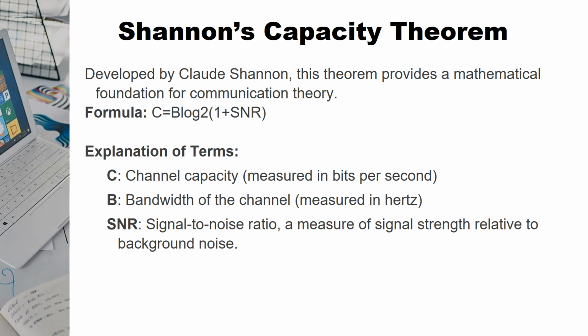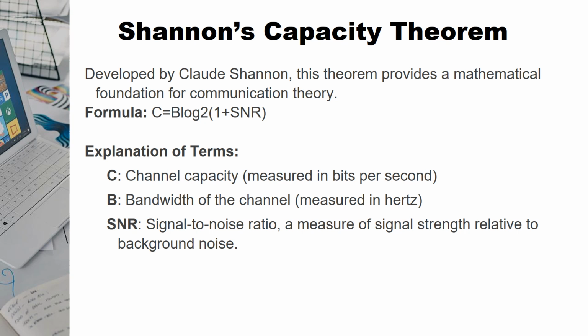C represents the channel capacity, which is measured in bits per second, right? B is the bandwidth of the channel, right? Then the signal to noise ratio is a measure of signal strength relative to background noise.